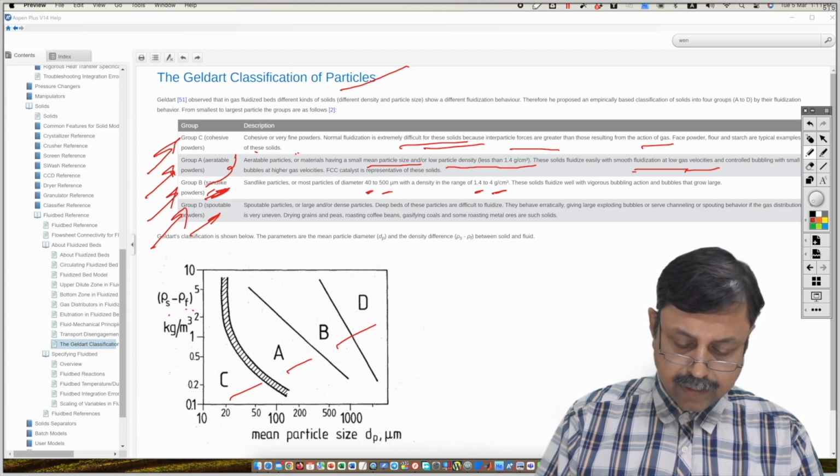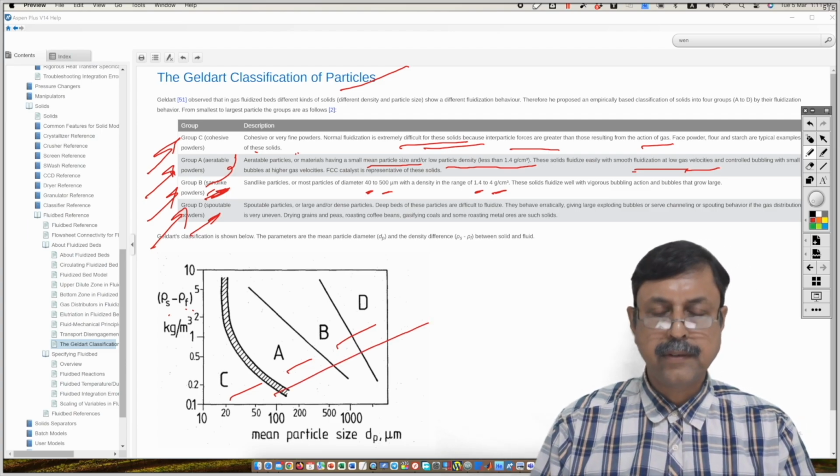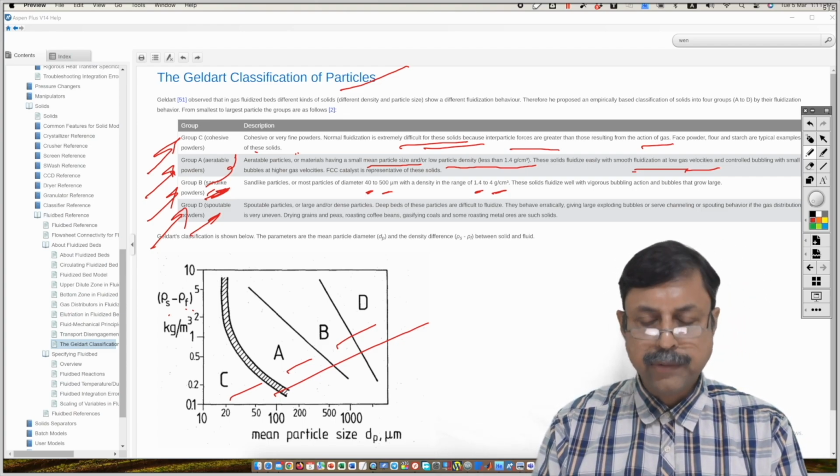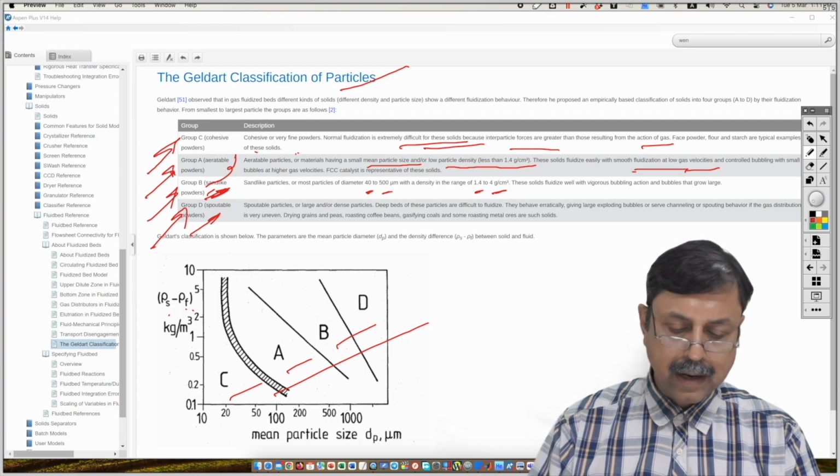So that difference is a function of mean particle size. So this is given over here. You can refer to this figure. So based on the kind of particles that you are using, you have to choose this Geldart classification.